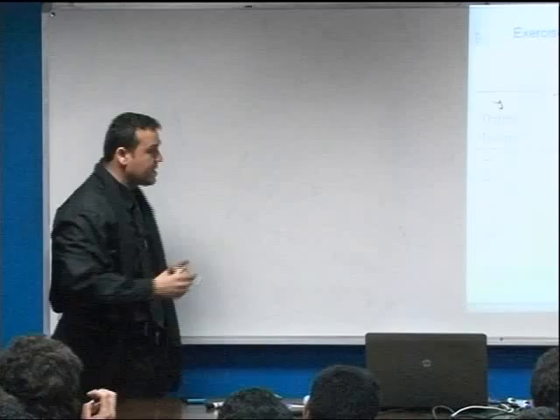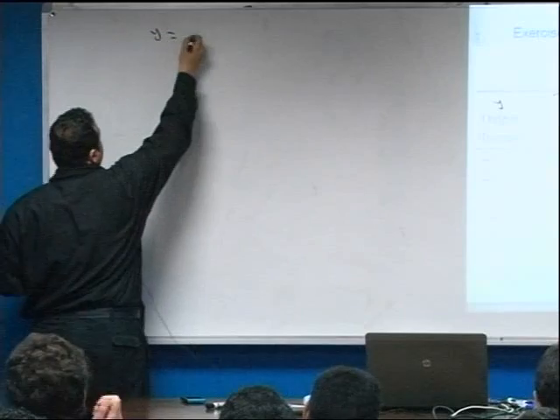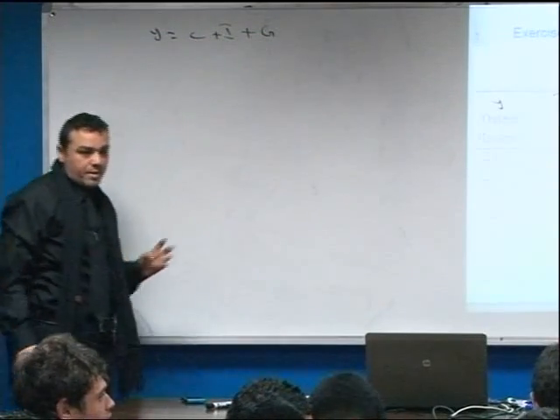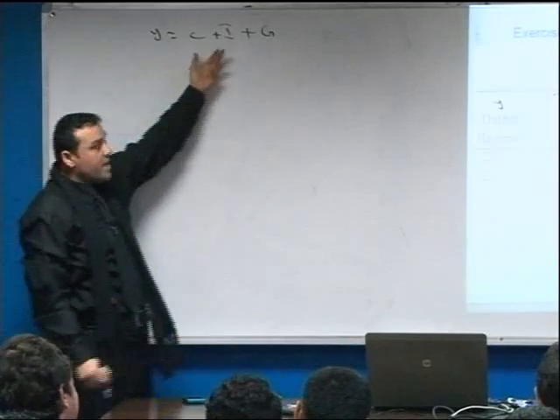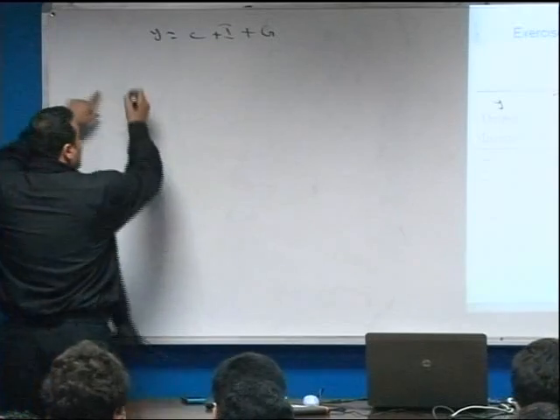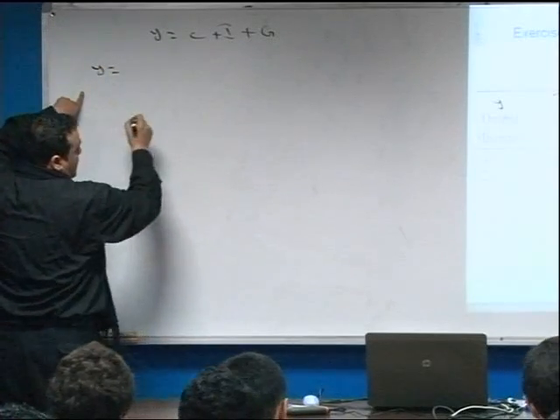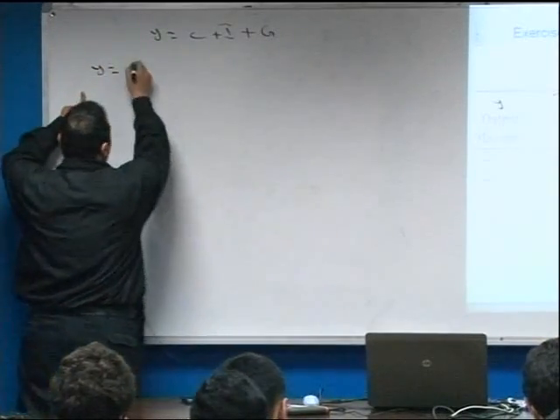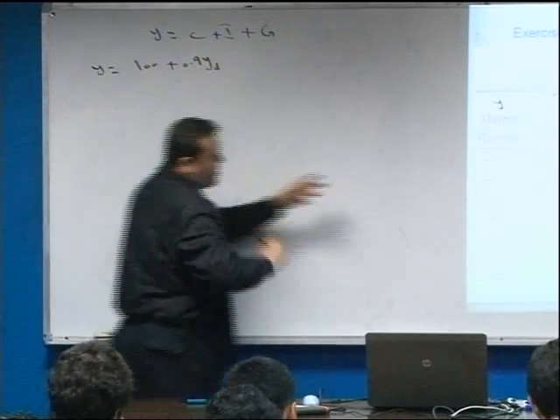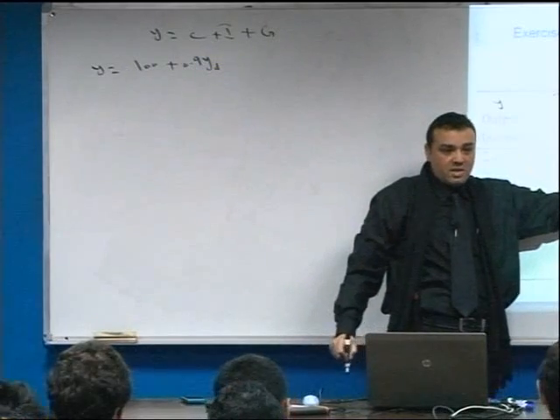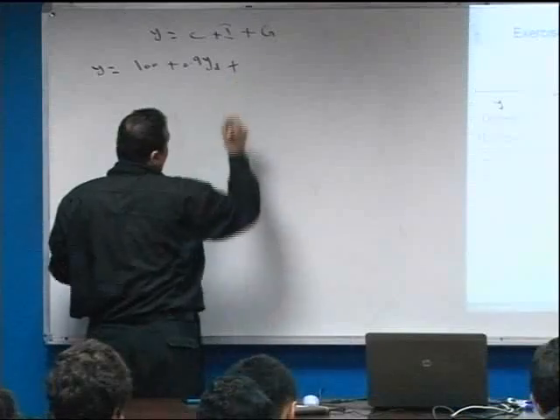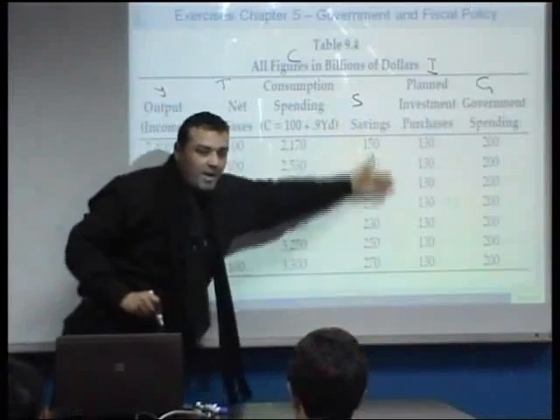The equilibrium occurs when Y equals the aggregate expenditure, which is C plus I plus G, right? So Y equals C, where C equals 100 plus 0.9 YD. It's given here, as you see. It's the consumption function. Plus I, the planned investment, which equals how much? 130.